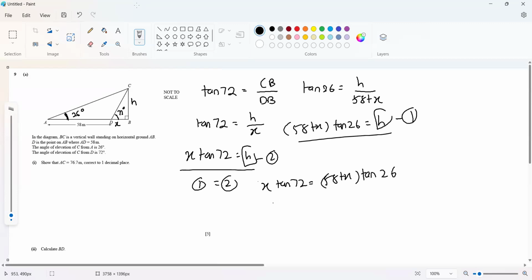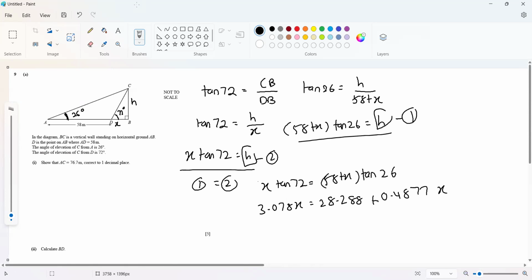And then from there, I can actually start to calculate already. So tangent 72, if I take a few more decimals, 3.078x equals 58 times tangent 26, which would be 28.288, plus 0.4877x. So we can solve. We minus both sides by 0.4877x.